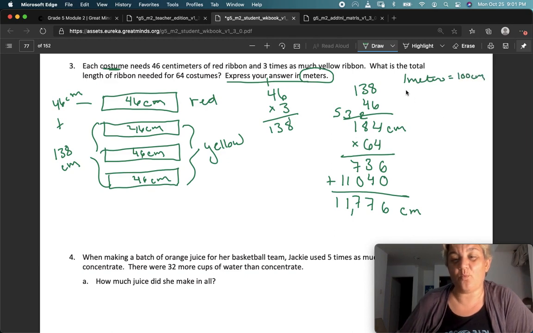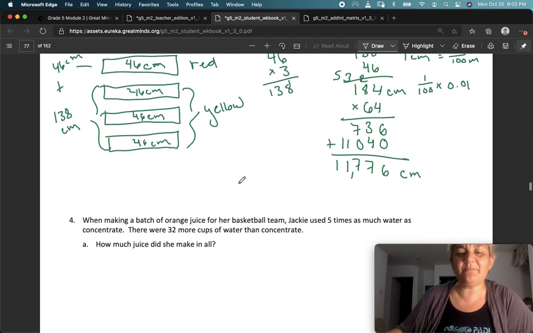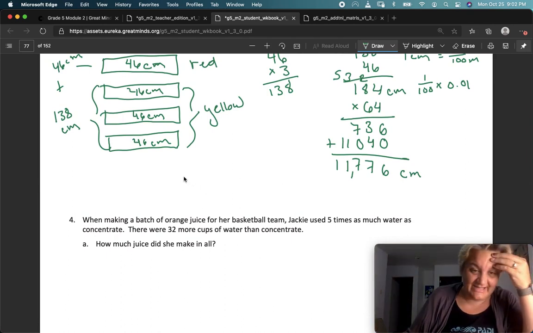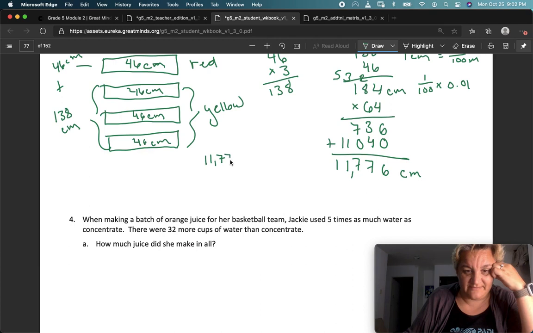And I also know that 1 centimeter equals 1/100th of a meter. So in order to convert centimeters to meters, I'm going to go through my steps again. 11,776 times 1 centimeter, to separate those out.